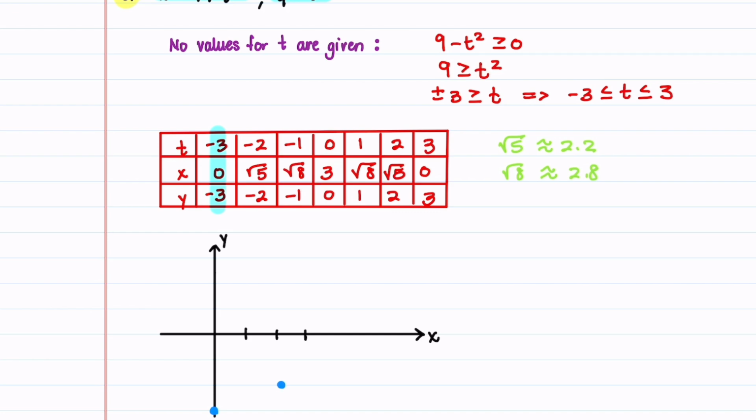The rest of our points look like this. We'll now connect these points and indicate the direction of our curve. So we now know how to handle an example when we're not given a value for t.